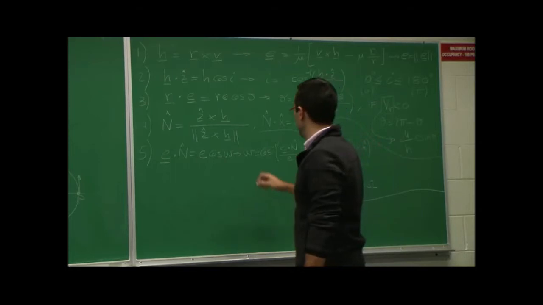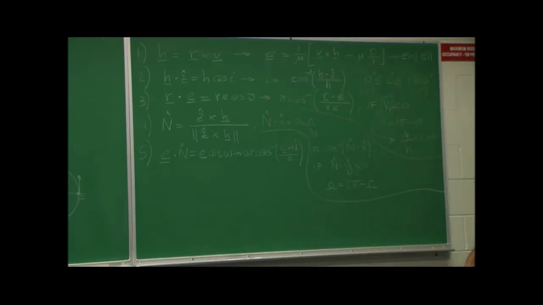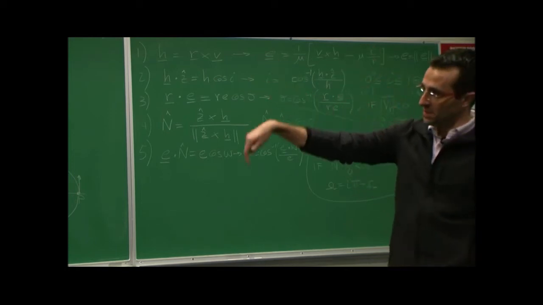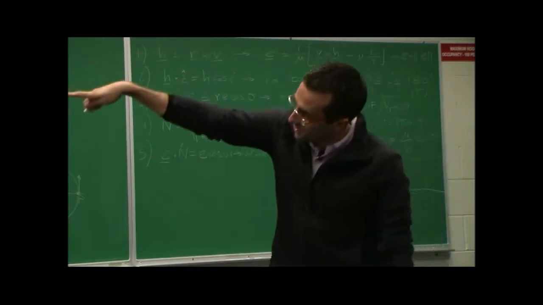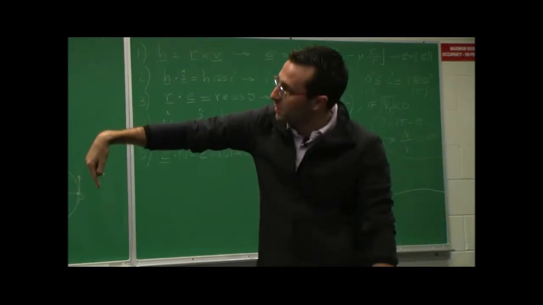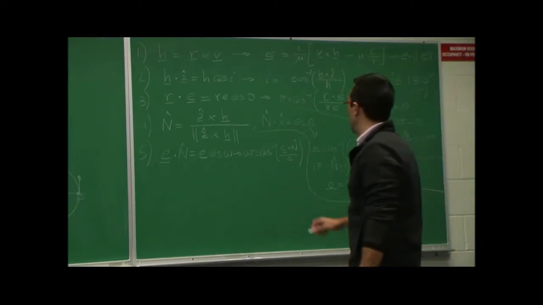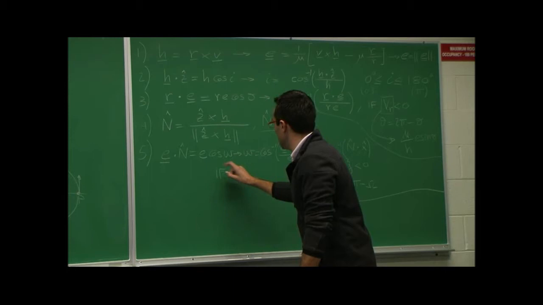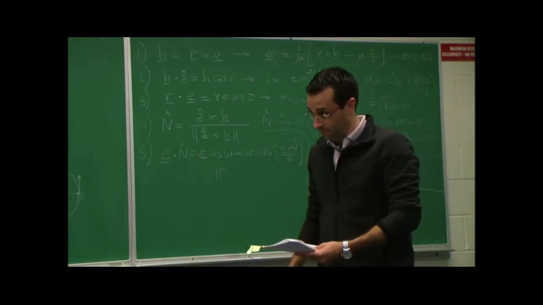If I want 0 to 2 pi, what do I check? The eccentricity vector can do anything. It can be sitting on the n direction. It can go all the way opposite to the other side, and it can keep going. So if I want 0 to 2 pi, I check that this is actually, what do I check?